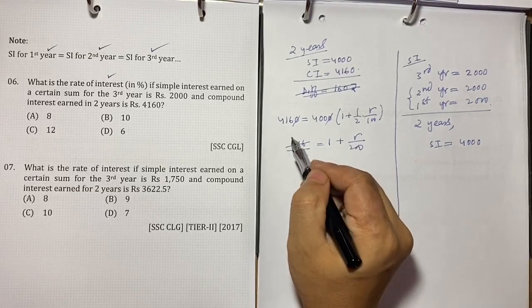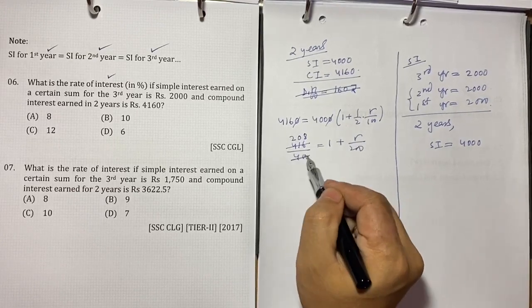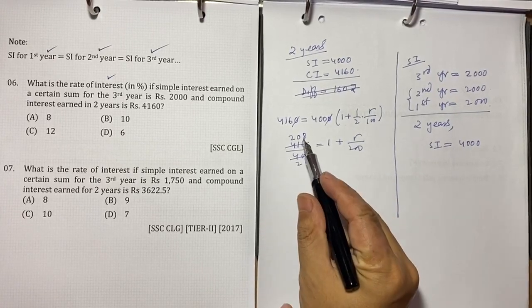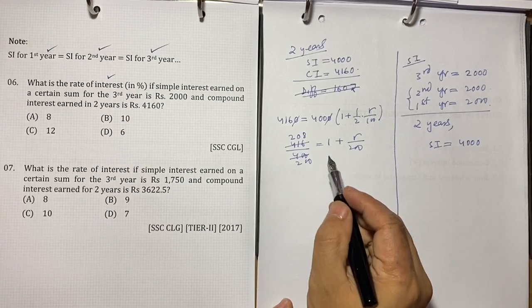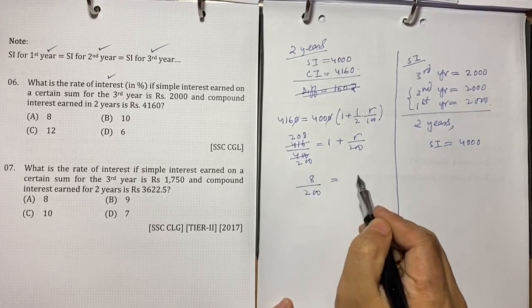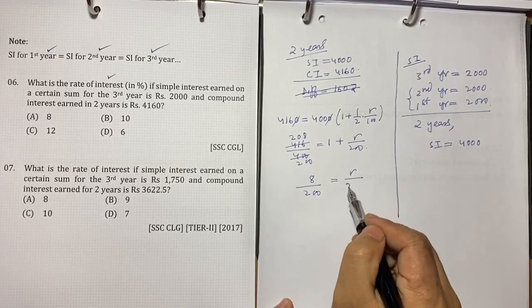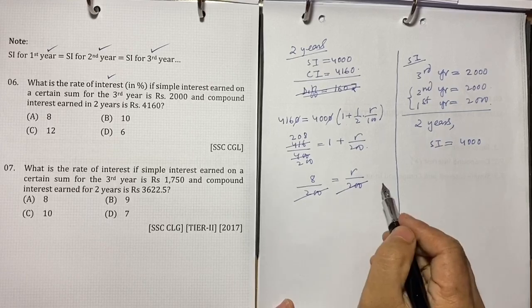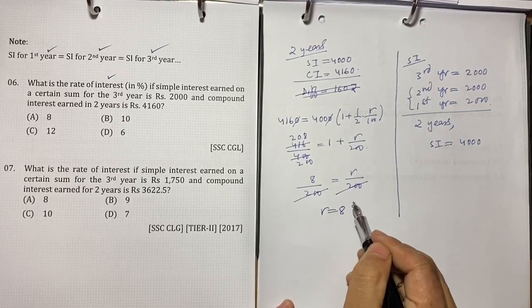Cancel, 208 by 200 minus 1, I will get 8 divided by 200. Cancel the 200, so r equals 8%.